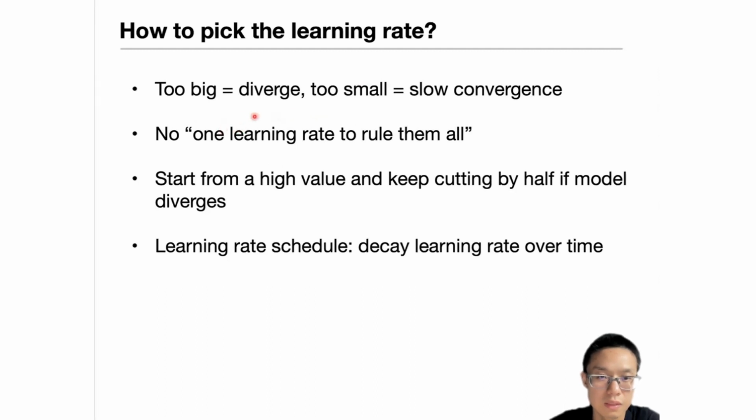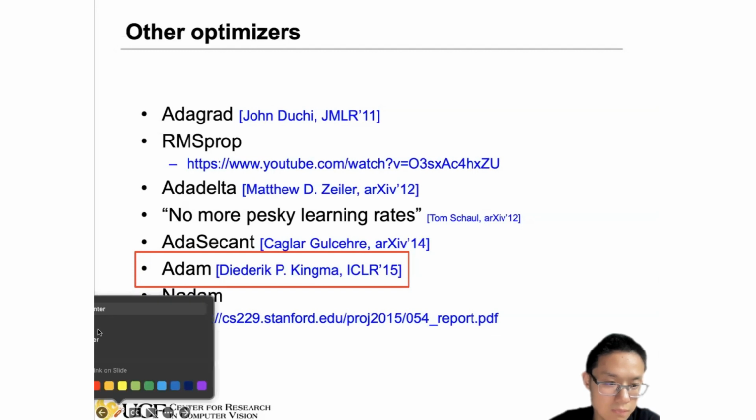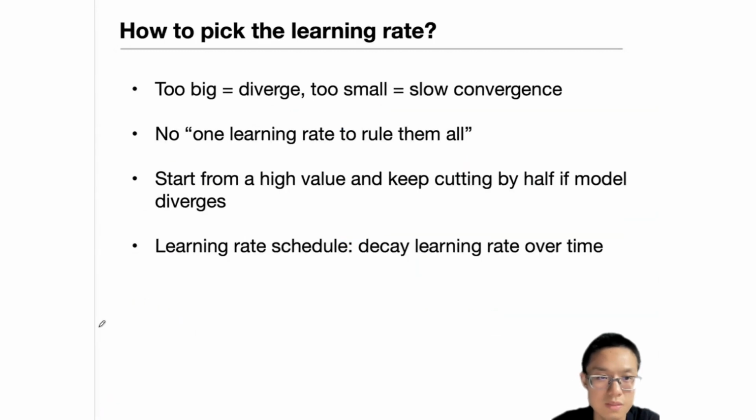This is important because it will affect the learning process. If you specify a large learning rate, the model may diverge, never converge, or converge very slowly. And if you have a small learning rate, then you end up with very slow convergence. So let me quickly give you an example.